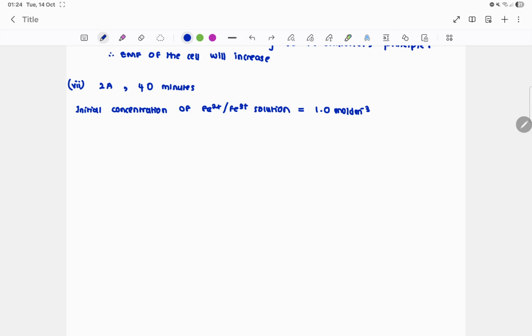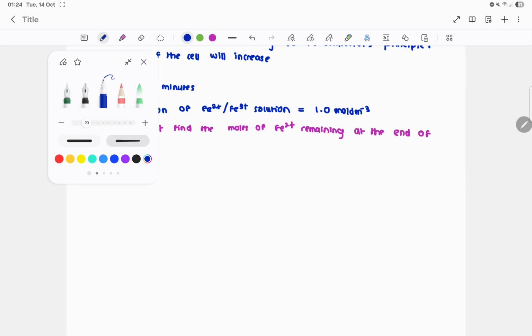So we should first find the moles of Fe2+ remaining at the end of 40 minutes.